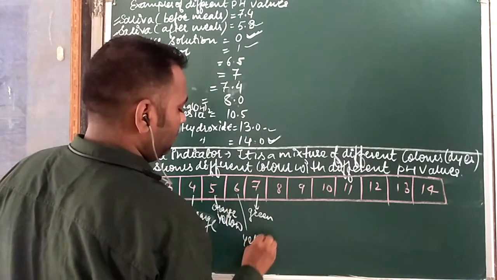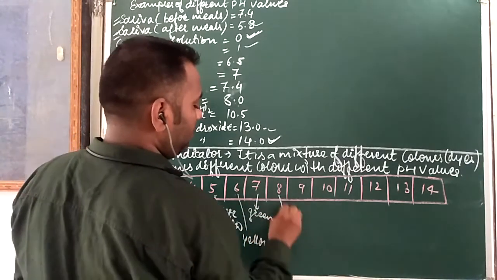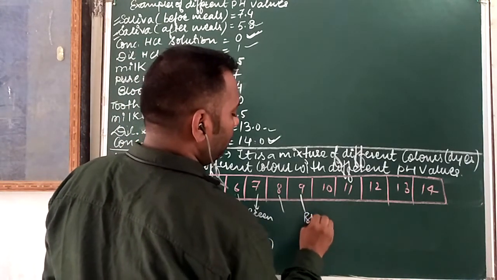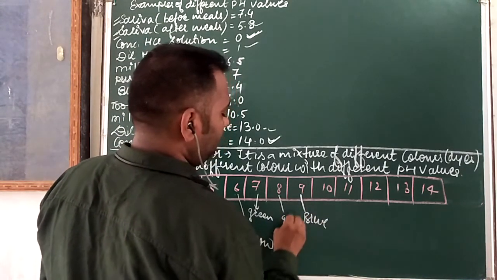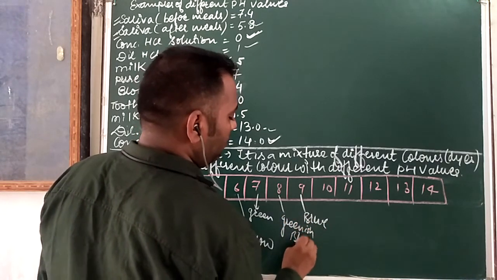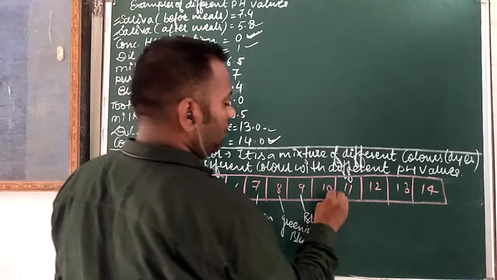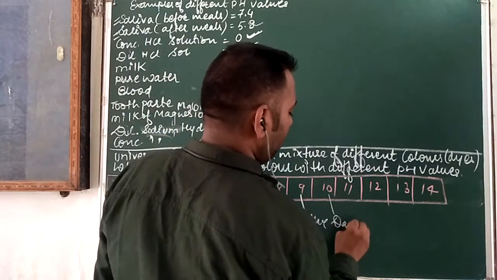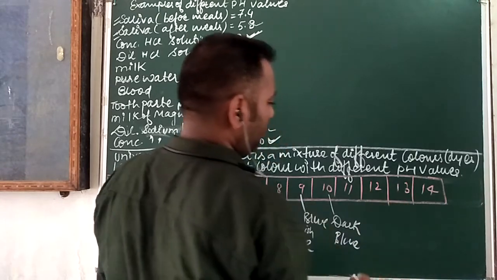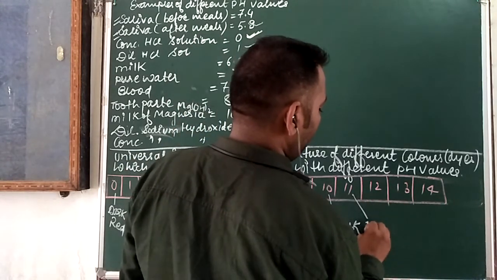This is yellow color. This is blue, this is greenish blue color. This is dark blue color. This is purple.